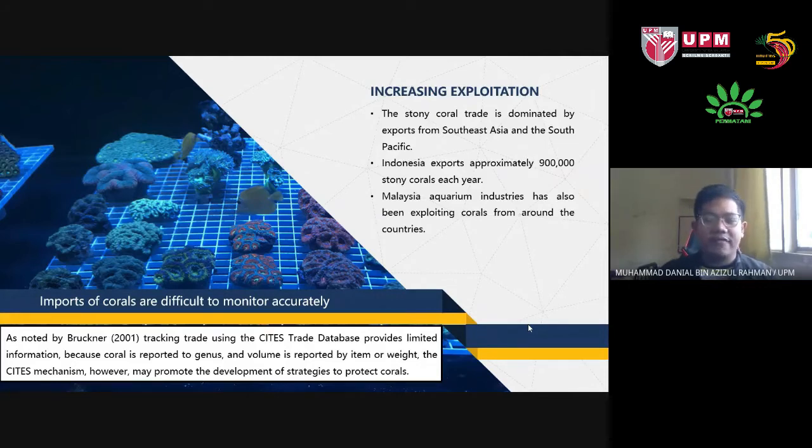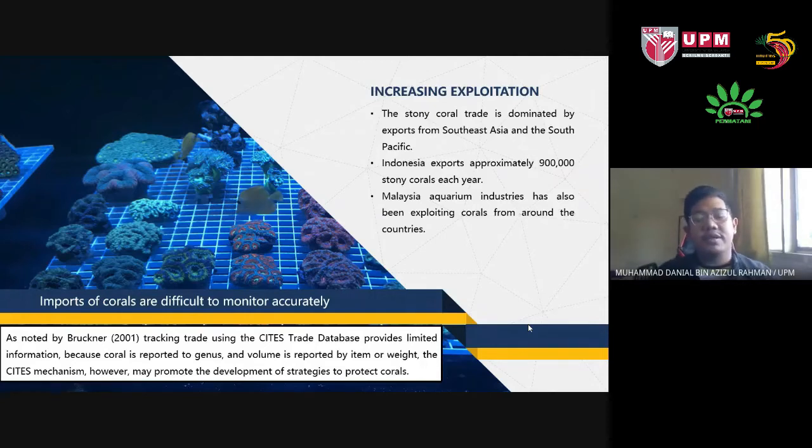So that's when the government of Indonesia stopped exporting corals and limited it to CITES, and then stopped them and began to reculture the corals, to preserve and rebuild the coral reef in Indonesia.